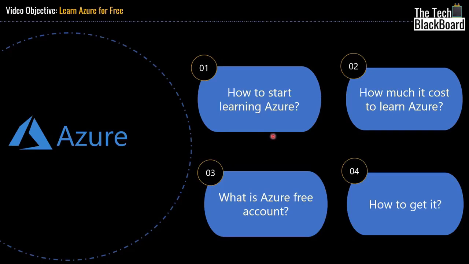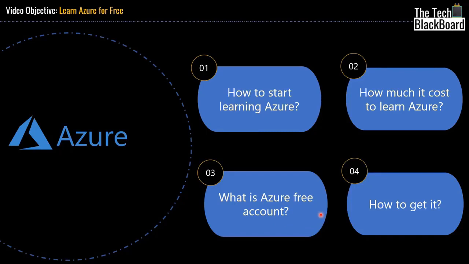Let's sum up what we discussed in the part 1. In this part, we saw how to start learning Azure, and then we moved on to how much it costs to start learning Azure. In this section, we also discussed how to get a free Microsoft Azure account, and then we saw that Microsoft actually encourages you to use Azure, understand Azure by providing you a $200 of credit.